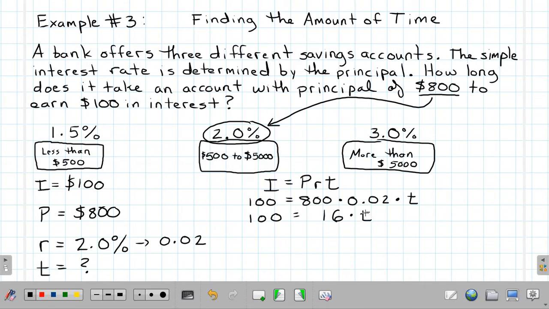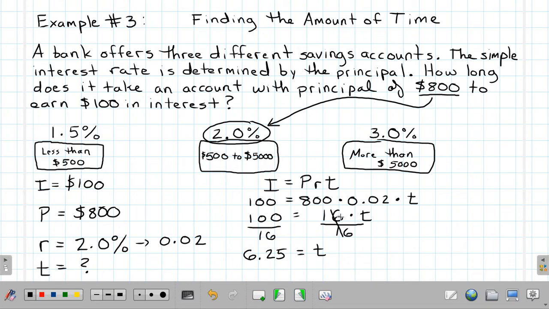Well, what are we doing to t? We're multiplying times 16, so we need to divide by 16. So 100 divided by 16 gives us 6.25, which is equal to t. Once again, same as what we've done before, solving for a variable on one side we don't know. We always want to do the opposite.